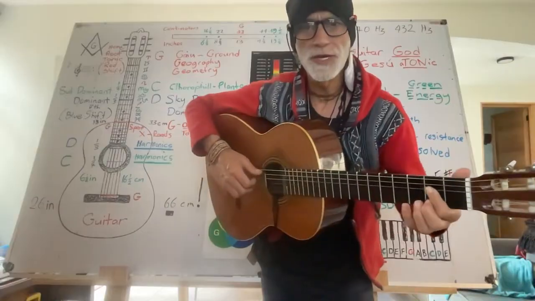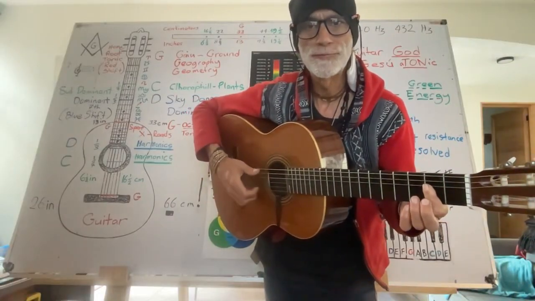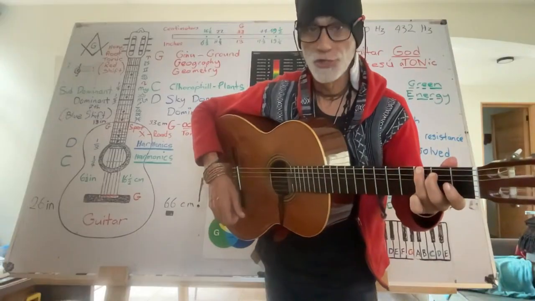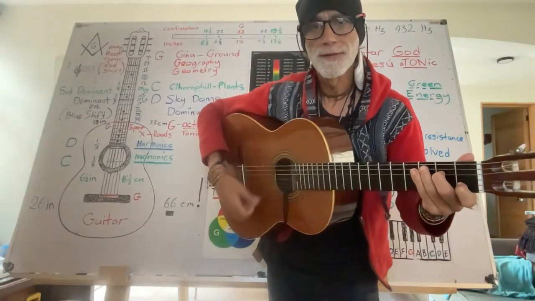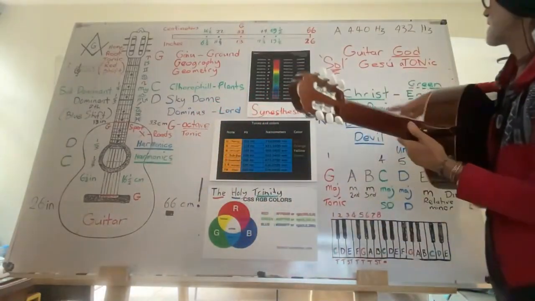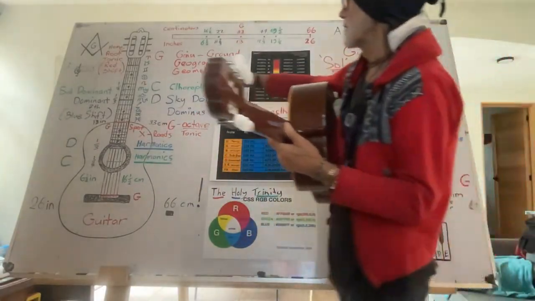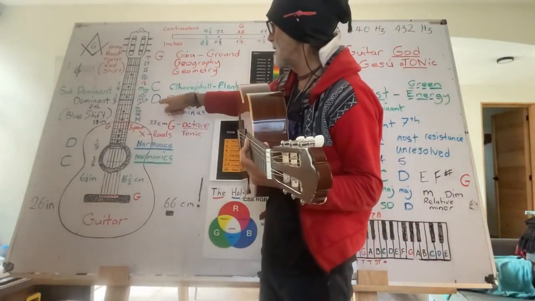Although I always used to think that A was red, but it's orange. G is red. And C is green. And basically we're going to get to know these three chords, G, C and D.